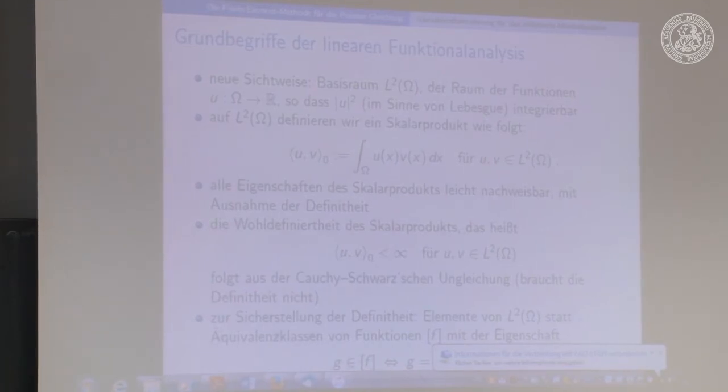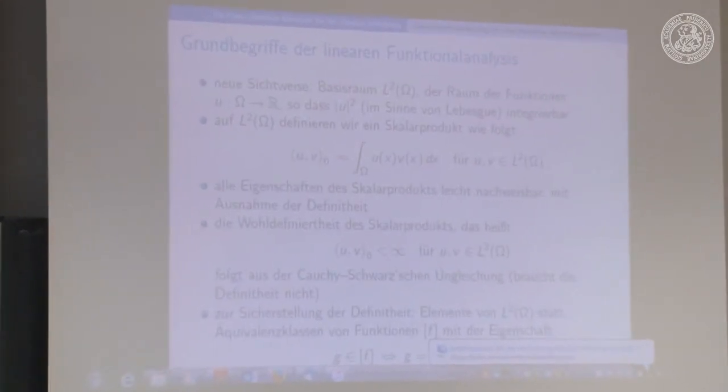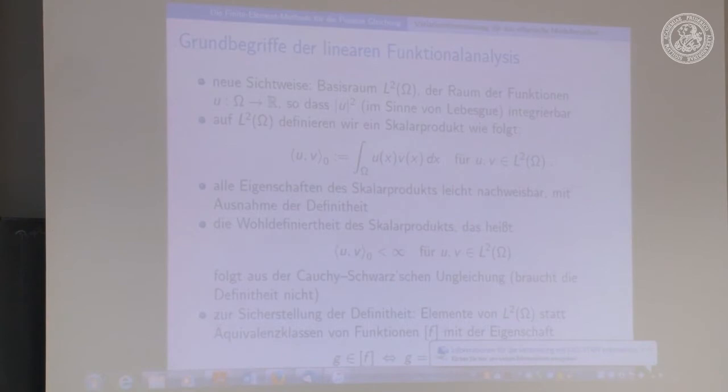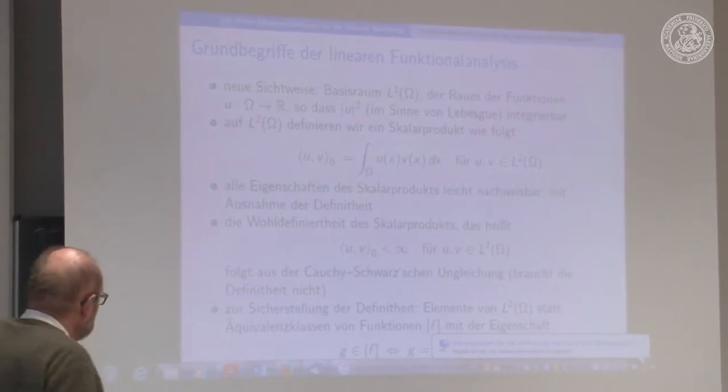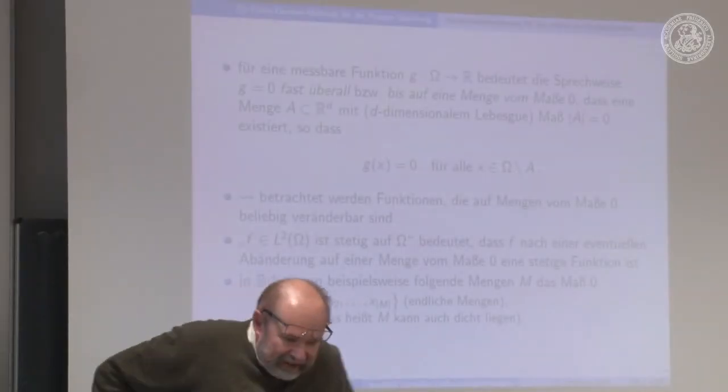We can only conclude u is 0 up to a set of measure 0. So actually we have to deal with equivalence classes of functions, in the sense that we can change a function on a set of measure 0 without changing the function. That's how we will do this all the time. Okay, that is what I just discussed.